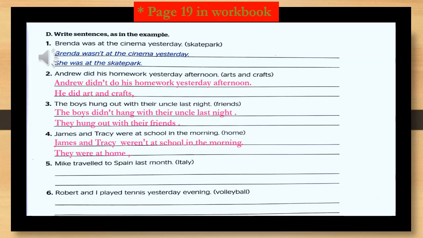Number 5. Mike traveled to Spain last month. Italy. Mike didn't travel to Spain last month. He traveled to Italy last month. Number 6. Robert and I played tennis yesterday evening. Volleyball. Robert and I didn't play tennis yesterday evening. We played volleyball.